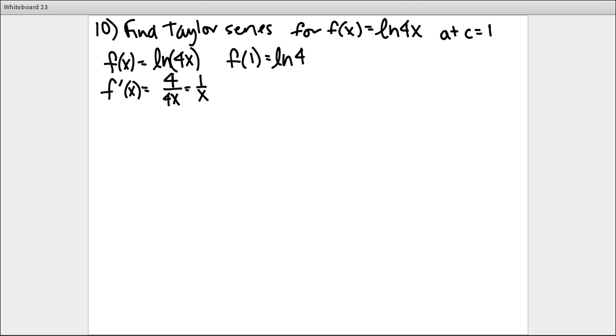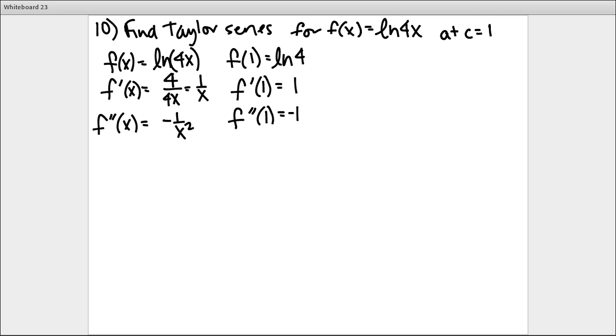Because you would need to take the derivative of the 4x, right? Well, that's just a 1 over x. And so the first derivative evaluated at 1 would just be a 1. And then second derivative would be a negative 1 over x squared. And so evaluating that at 1 will be a negative 1.